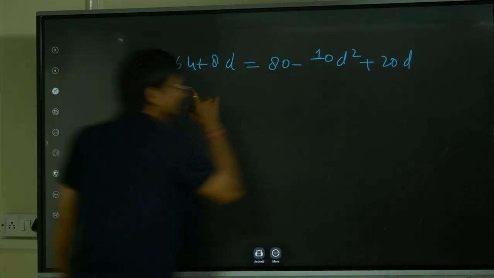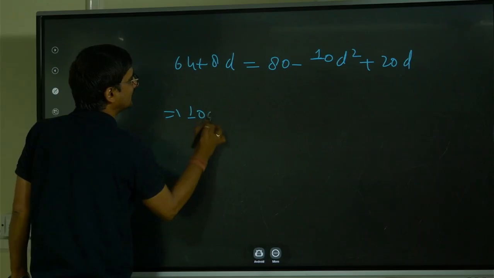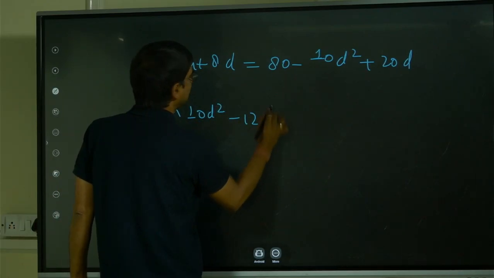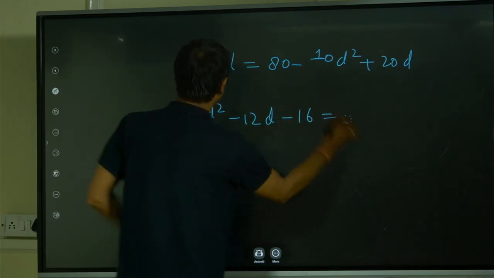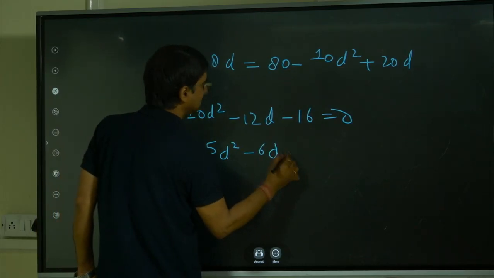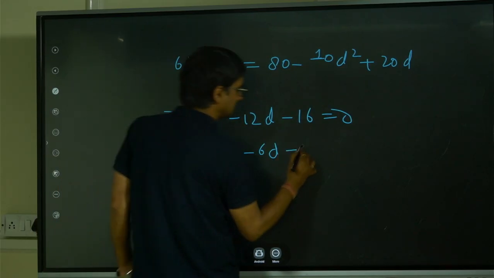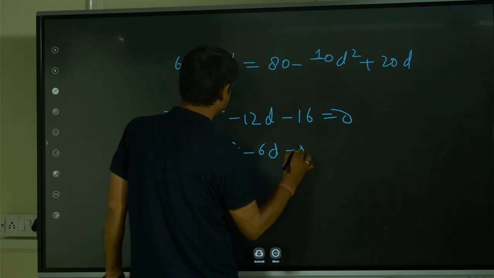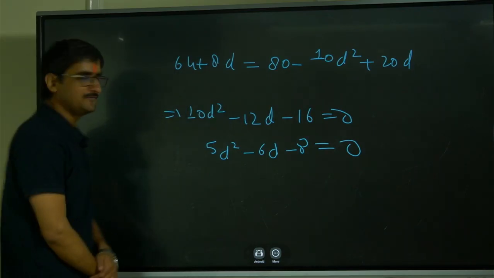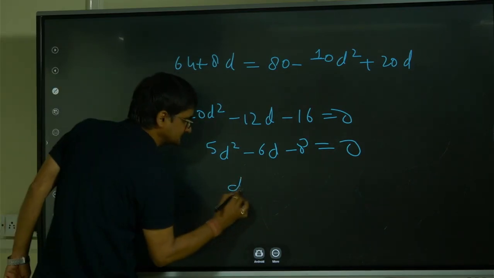So it is 10d square minus 12d minus 16 equal to 0. So 5d square minus 6d minus 8 equal to 0. Done. 5, 8, 40, 10, 4, 40. So d is 2.